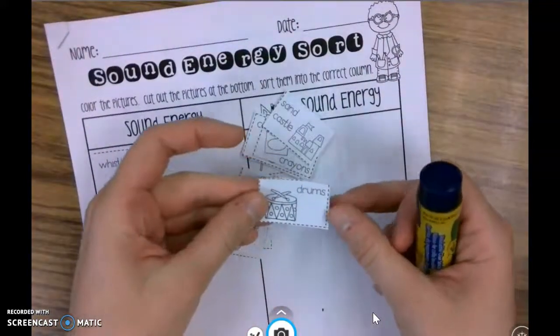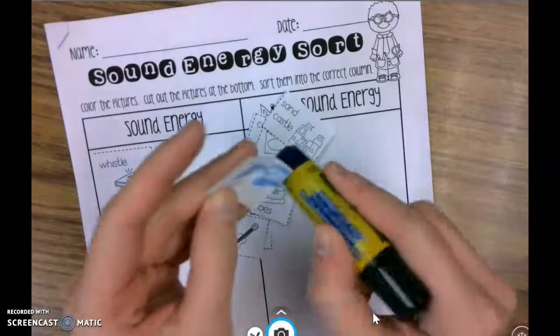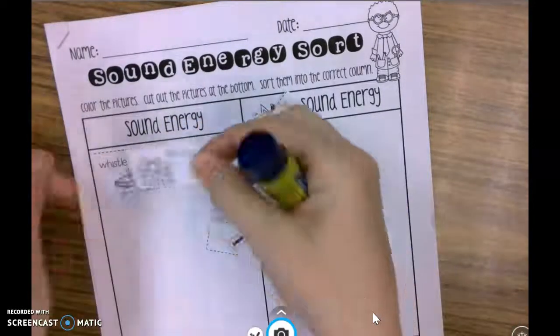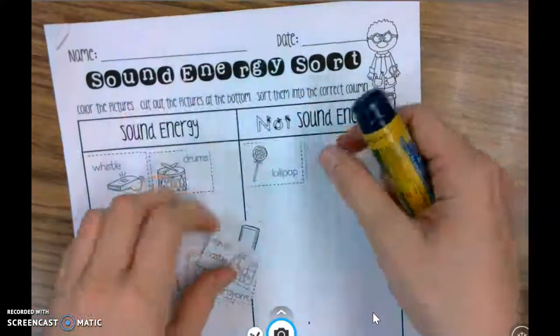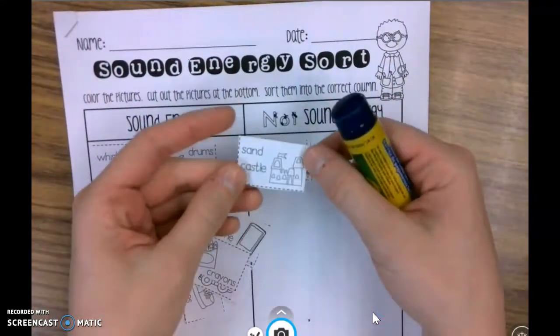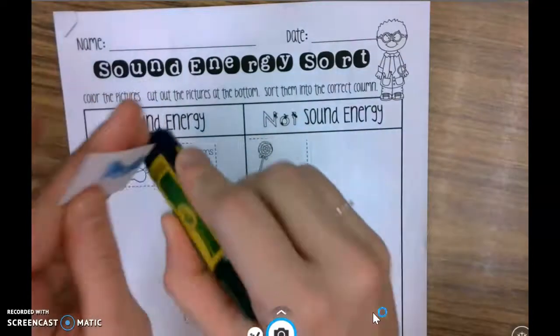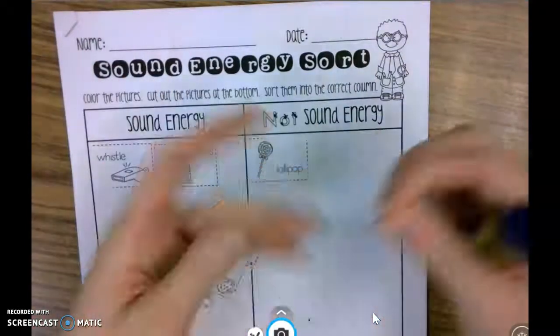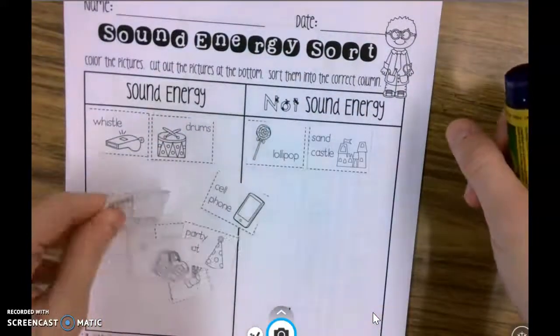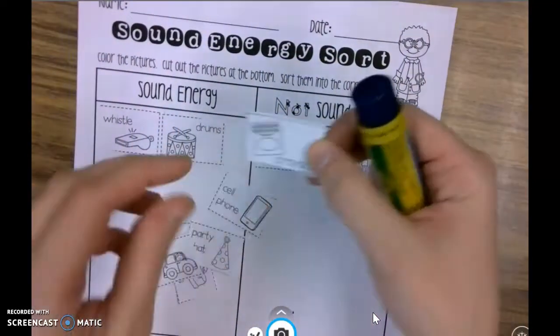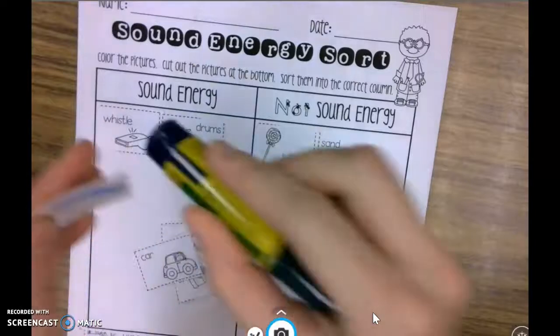Drums, yep, sound energy. A sandcastle, I would say not sound energy, right? Crayons, not sound energy.